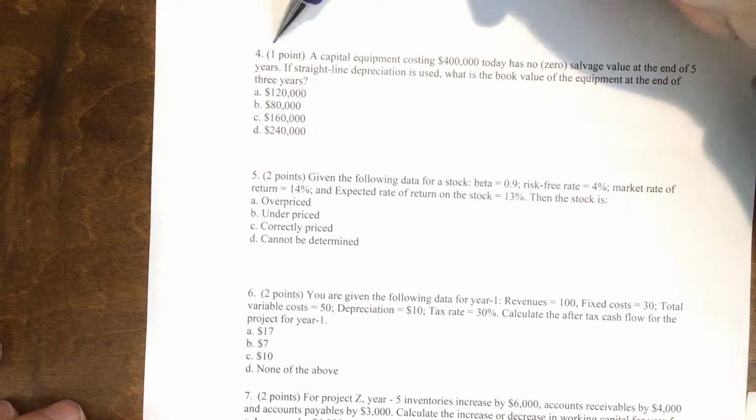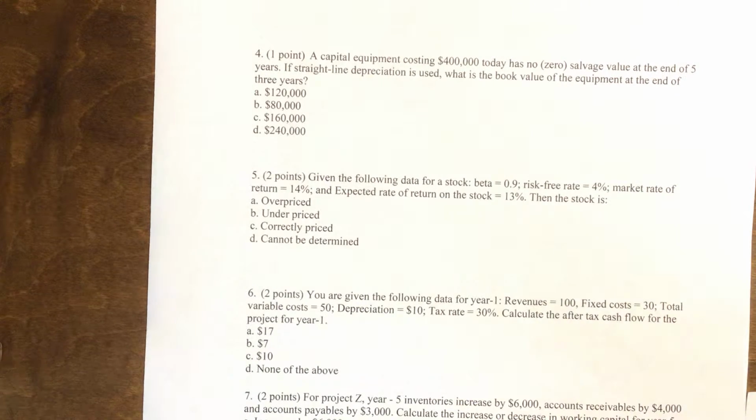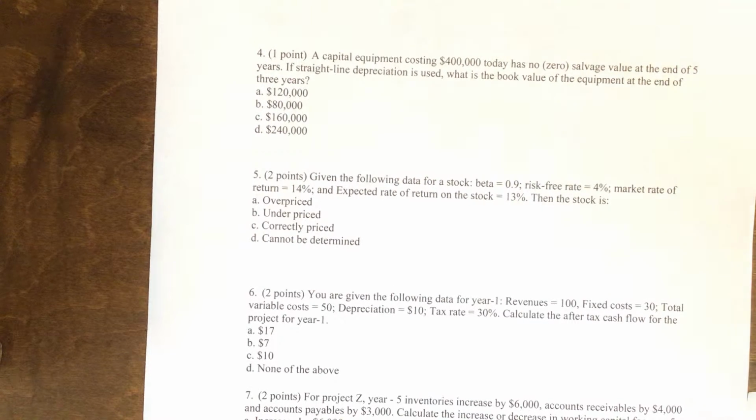Okay, going backwards here a little bit, to question 4 on the practice exam. And again, if this is the final exam, these are, I think, pretty straightforward questions. Capital equipment costing $400,000 today has 0 salvage value. That means you're going to depreciate it down to a 0 value at the end of 5 years, if straight line is used, meaning you just take this and divide it by 5, so 400,000 divided by 5.